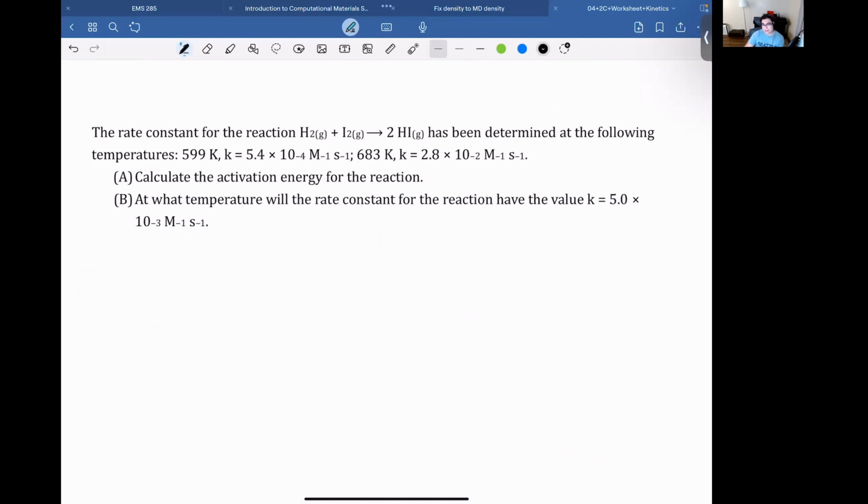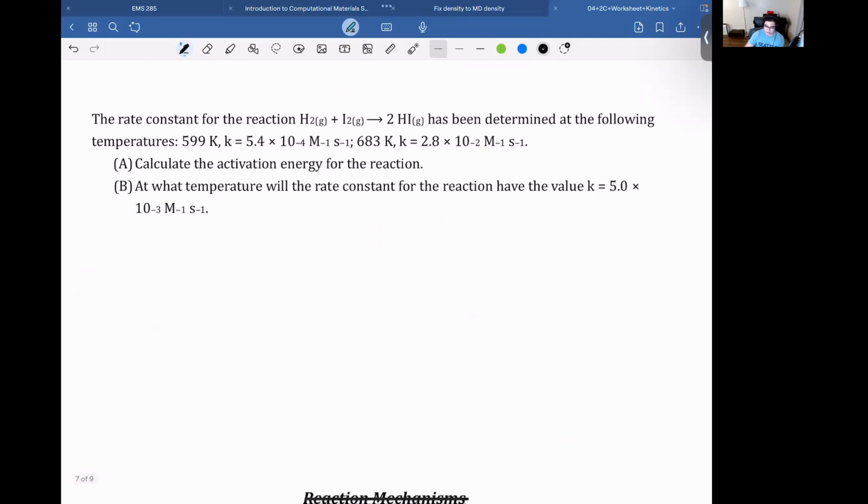Next, it says we have a rate constant for this reaction. It has been determined at the following temperatures: 599 Kelvin, k is equal to that, 683 Kelvin, k is equal to that. We need to calculate the activation energy for this reaction. So this is a formula that you should have.